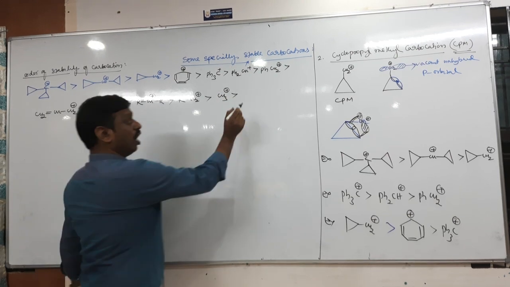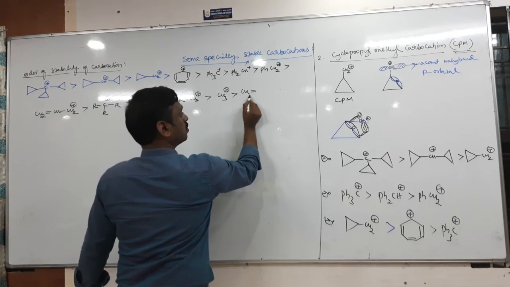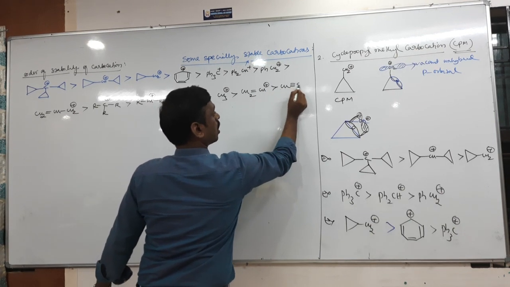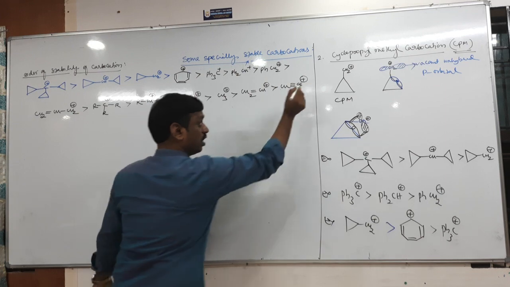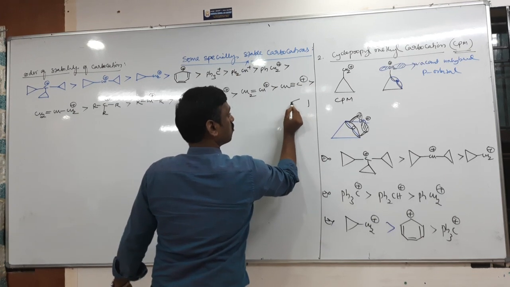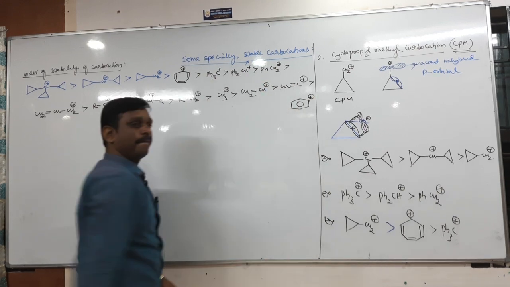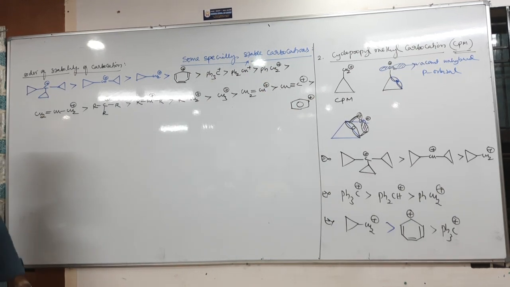Then alkene carbocation, then alkyne carbocation. Last comes phenyl carbocation, which is highly unstable. So this is the order of stability of different carbocations.